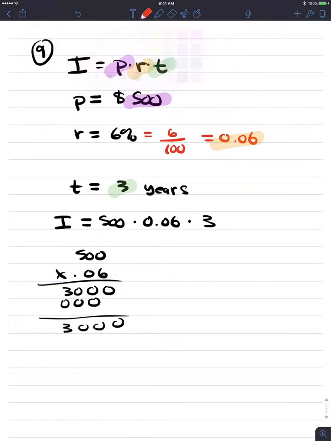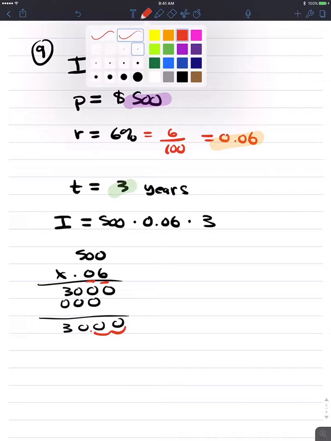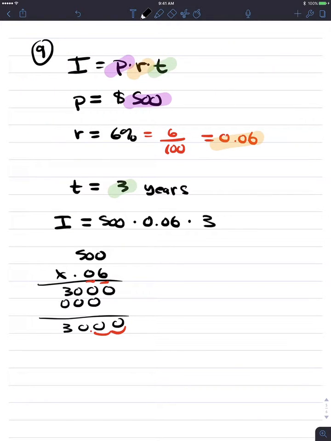Consider the fact that there are 2 digits to the right of my decimal, which means I move this 2 spaces to the left. The value here is 30. So I have my interest going to be 30 times the value 3. Now 30 times 3 is actually 90. Our interest is going to be $90.